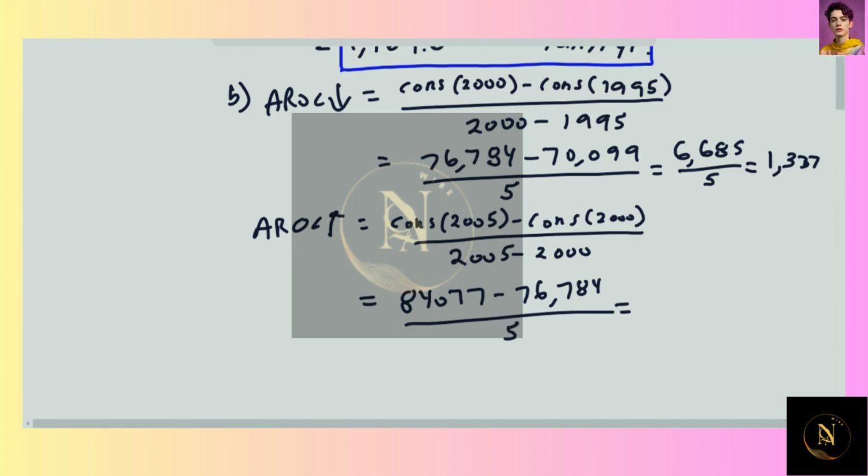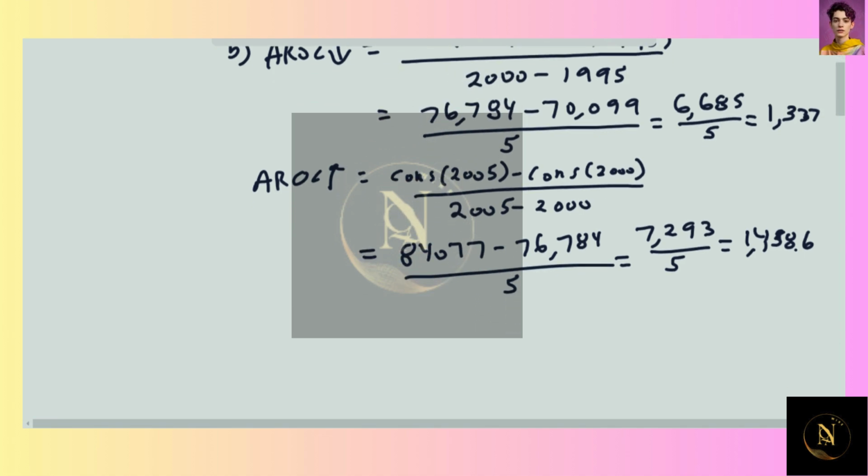So 84,077 minus 76,784. So that's 7,293 over 5, which is 1458.6.